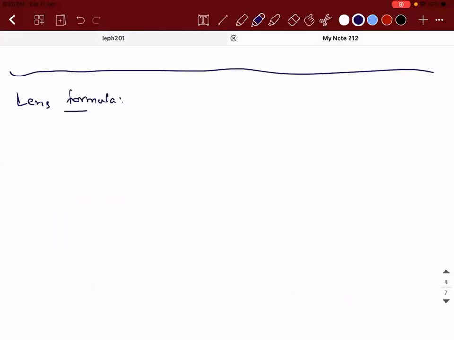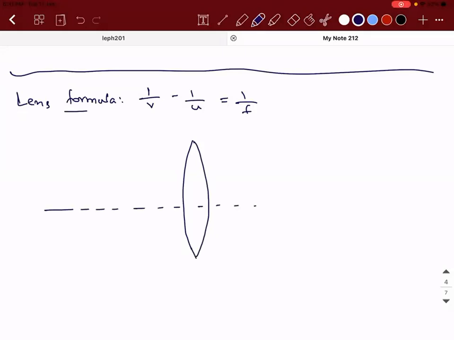So we saw what is mirror formula, right? Similarly, we have something called lens formula, which gives a relation between V, U, and F. 1 by V minus 1 by U is equal to 1 by F. Sorry, that is the lens formula. For this, the derivation is going to be similar to how we derived the mirror formula.